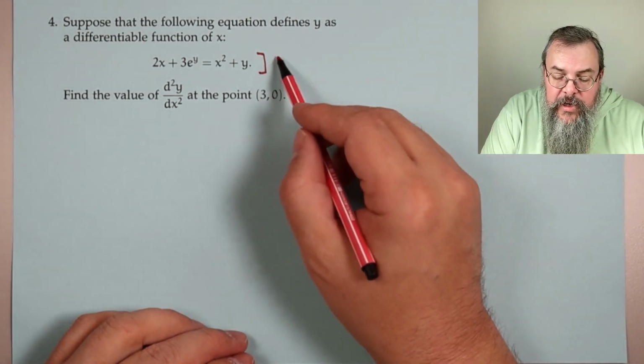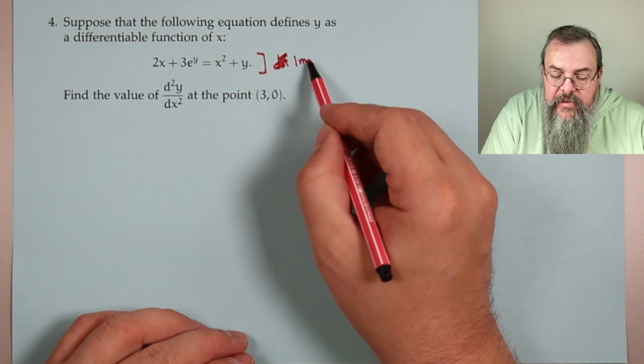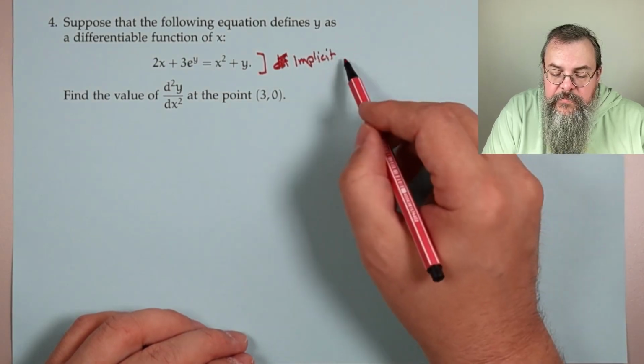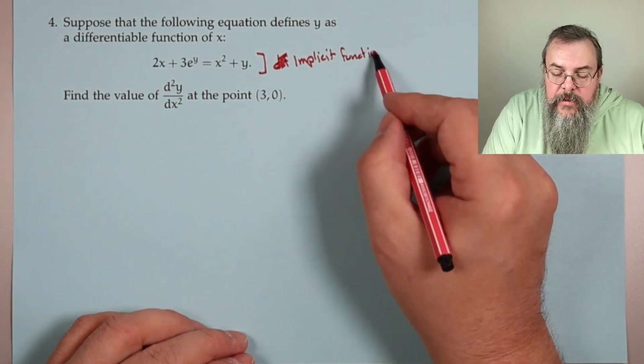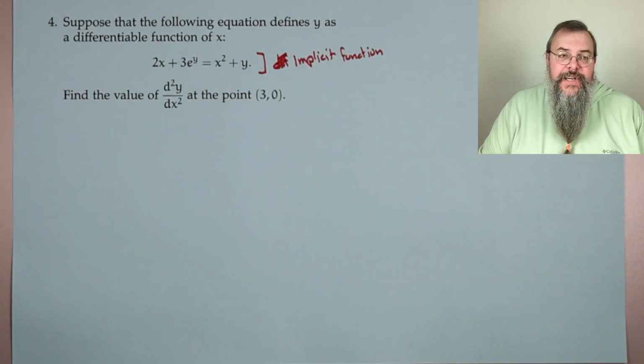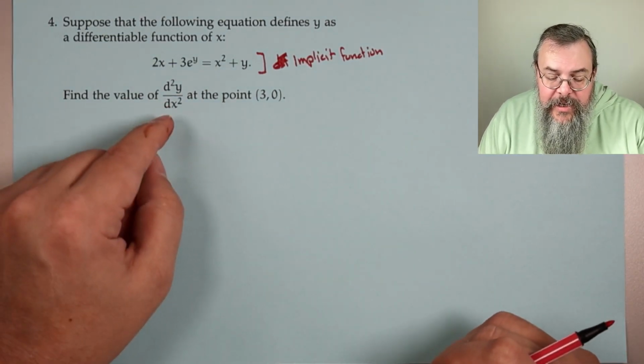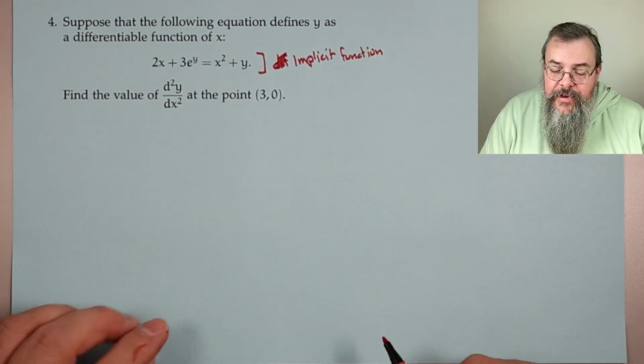So we're thinking, oh, this is going to be an implicit function. All right, well, that's okay. We have tools for implicit functions. And now it says, find the value of d squared y dx squared at the point 3, 0.